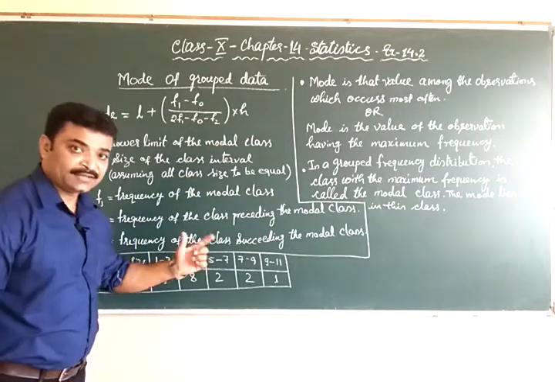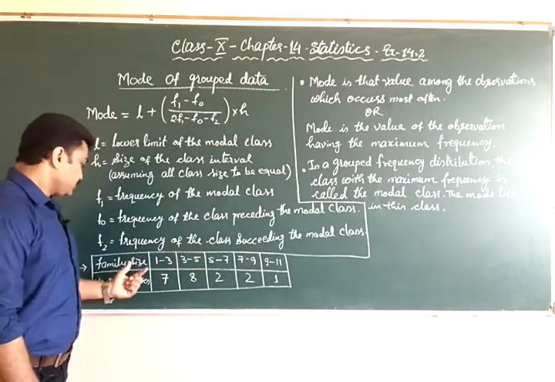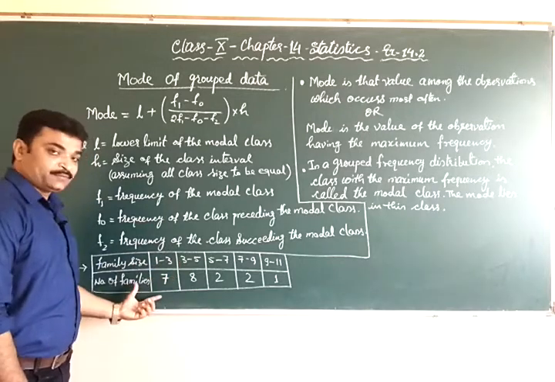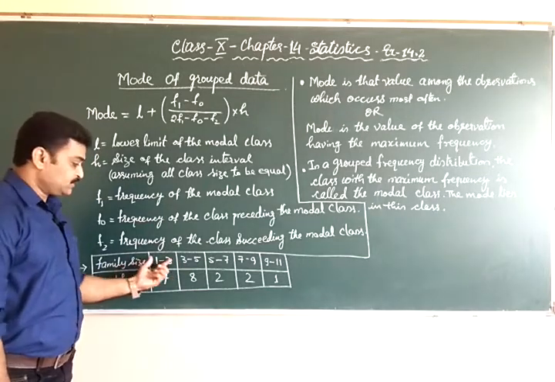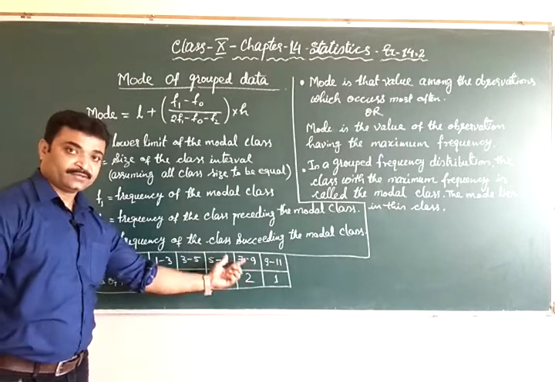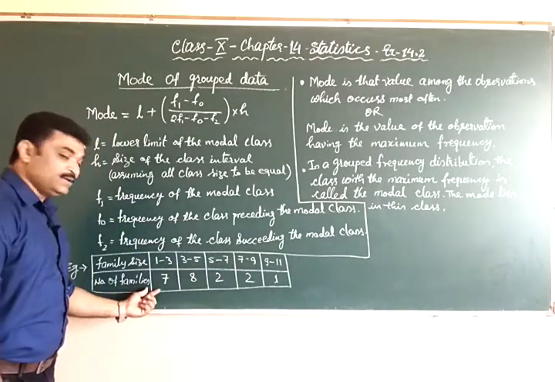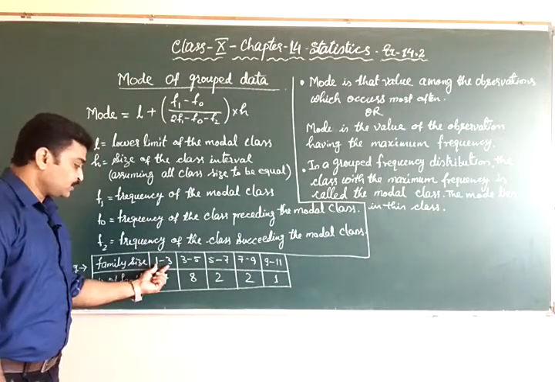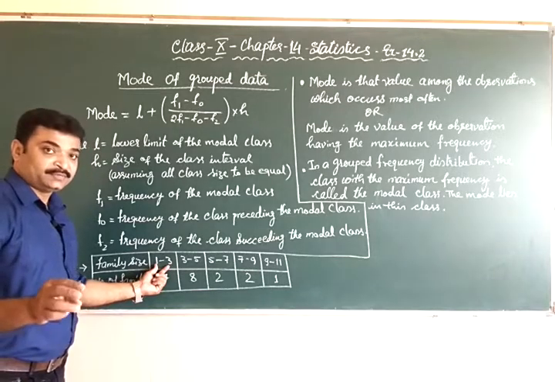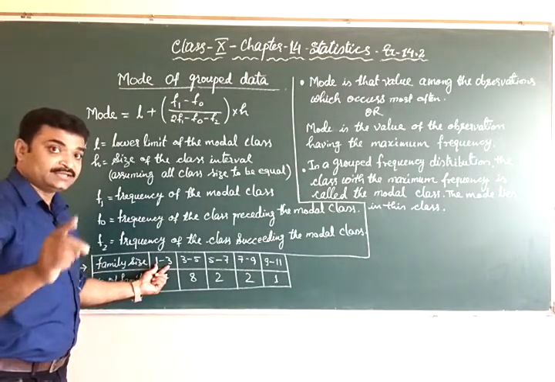Now, I am taking one example. Suppose this is the example. It is family size. Class intervals are given, and the number of families. Suppose the family size is 1 to 3, that means 1 to 3 members in the family.